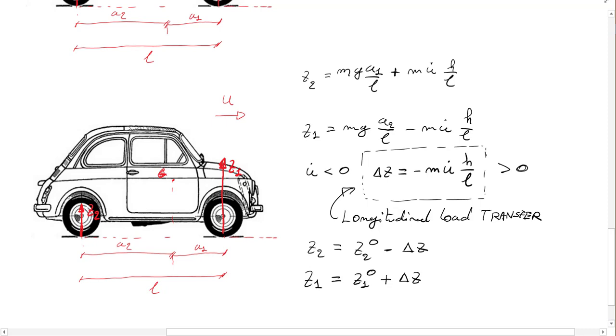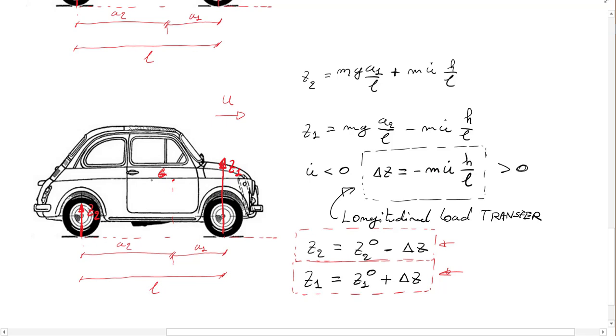This is what the physics tells us: a higher force on the front axis, and on the rear a force that is a little below, and this amount is M mu dot H on L.